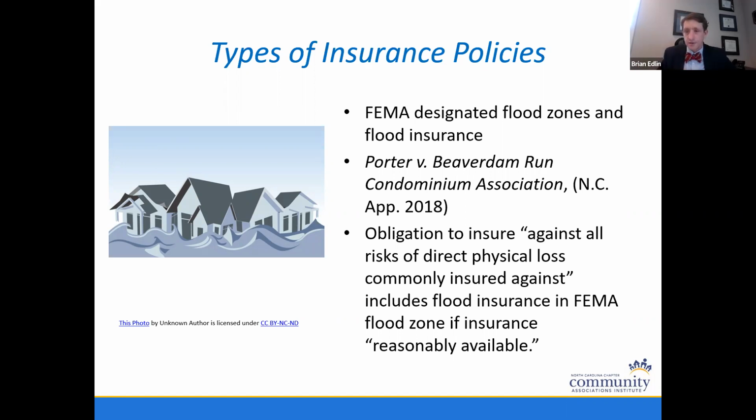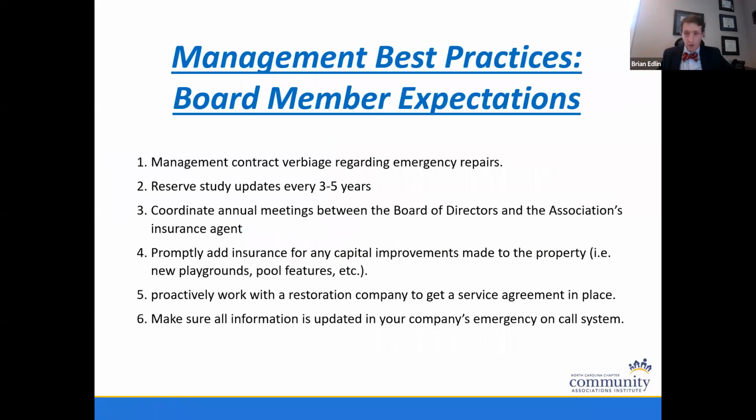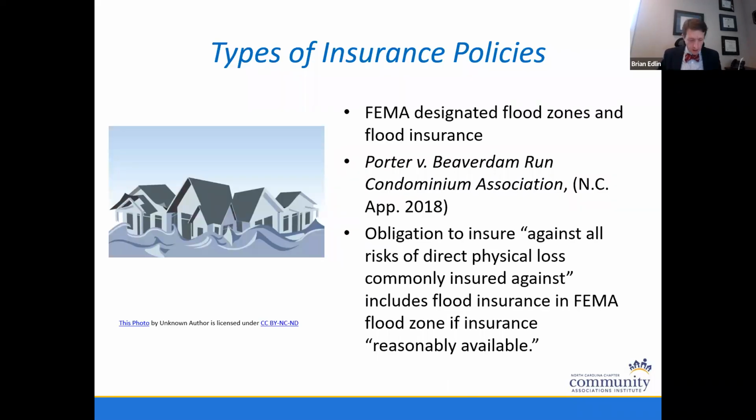But this is a good segue. One of the obligations in both the Condominium Act as well as the Planned Community Act is to rebuild. Under 47C, any portion of the condominium for which insurance is required shall be repaired or replaced promptly by the association unless the condominium is terminated or it's illegal or 80% of the unit owners vote not to rebuild.